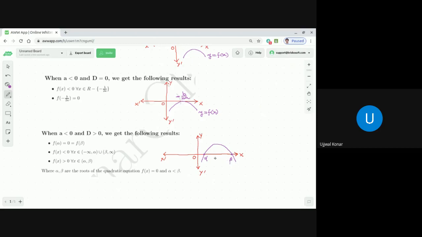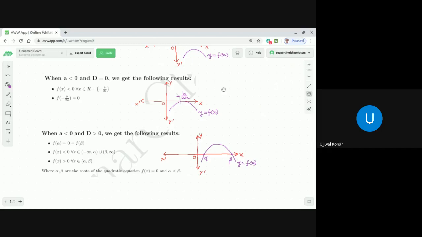And if you see from minus infinity to alpha and from beta to infinity, the curve is below the x-axis. That means the value is less than 0. And above the x-axis, that is between alpha and beta, you see that f(x) is greater than 0. That is a proper visual representation of the statements I wrote on the left-hand side, dear students. So we also covered this part.